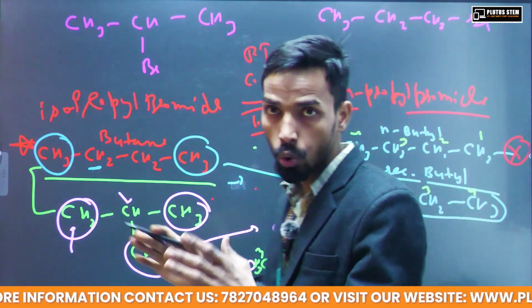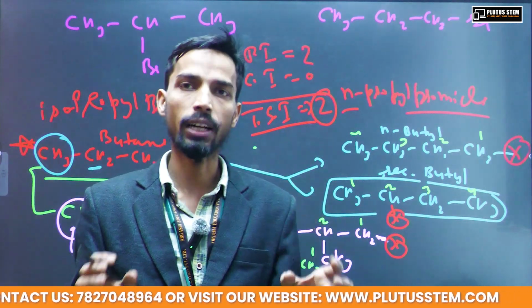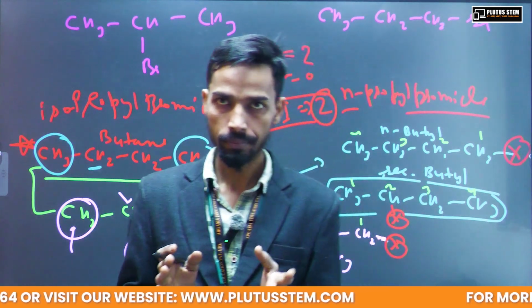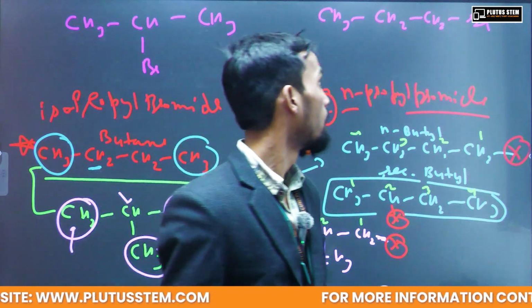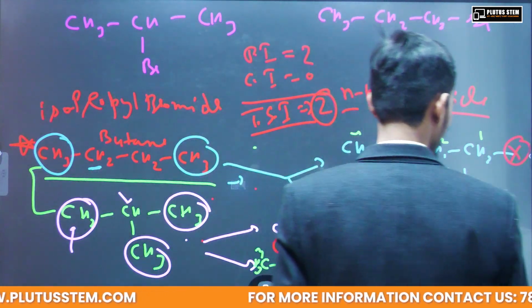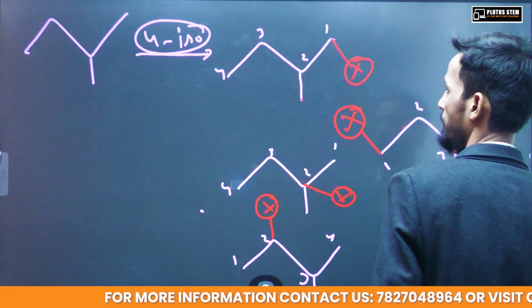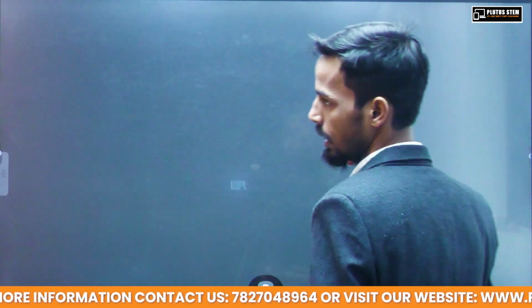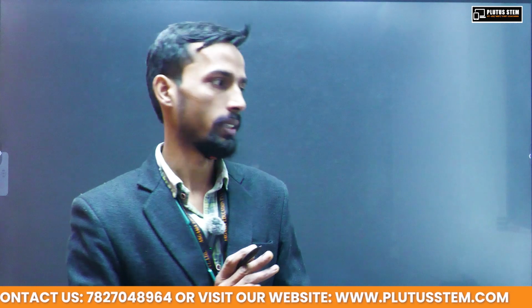Draw the parent chain isomers, then add the halide over there, and you will get the exact number of structural isomers. Clear? This was for alkyl halide. Now we will see aryl halide.